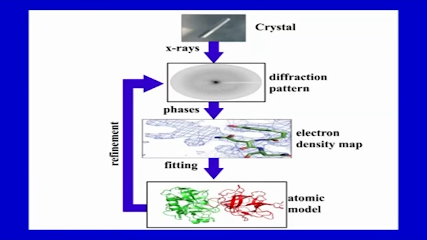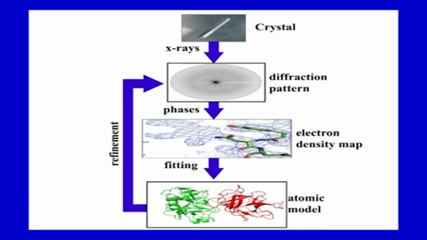So, the major aspect here, if we go through the procedure, is that you have the crystal, X-rays are focused on the crystal, and the X-rays are diffracted by the crystal. What you get is a diffraction pattern in the form of intensity. This diffraction pattern is characteristic of that particular molecule. In a microscope, you have an objective and eyepiece, and finally you see the image, but here there are no lenses to focus the X-rays.